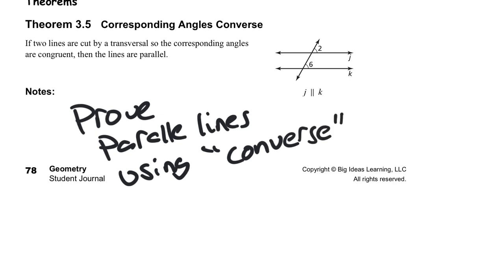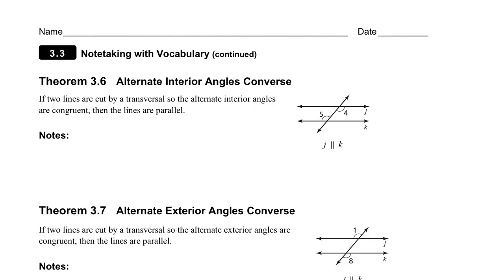In this situation, if we see that we have angles that correspond with each other that are both congruent to each other, then we can say the two lines are parallel. Let's go to the next page.